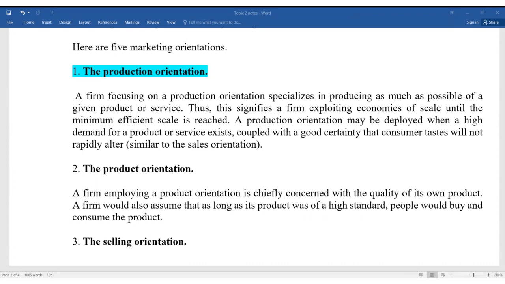Quality may be compromised, because you are trying to produce cheap. That is another challenge.